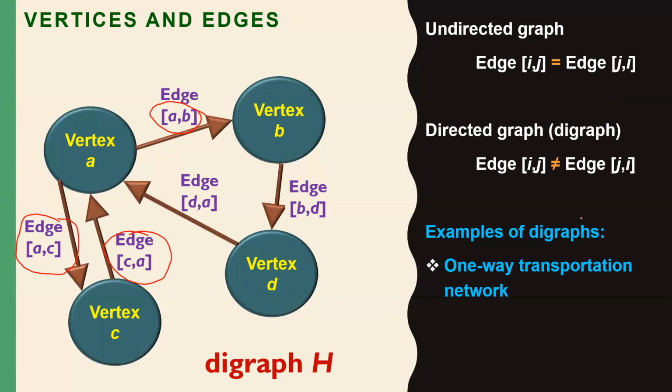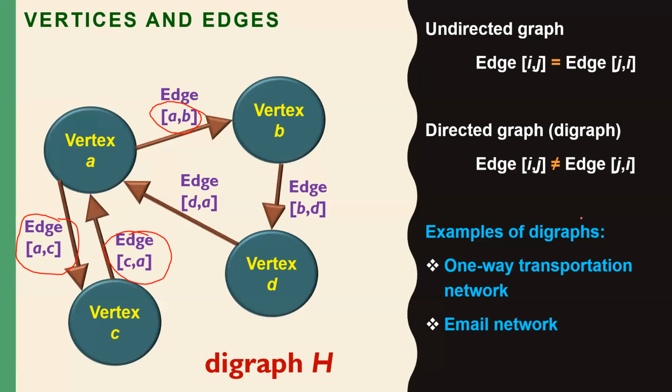So if this is a transportation network, that means you can start traveling from vertex A and go to vertex C via the edge AC and go back the same route from C to A. But looking at this, you cannot travel from vertex B directly to vertex A without passing through any intermediary vertex, because there is no link starting from B going to A.